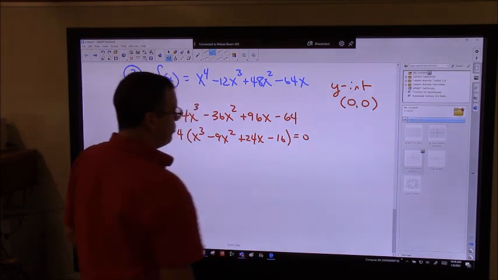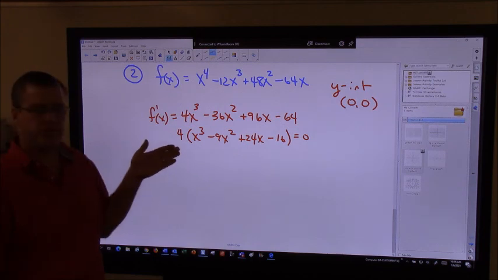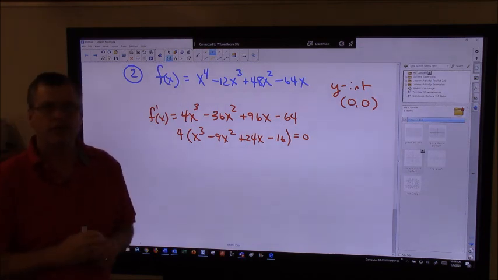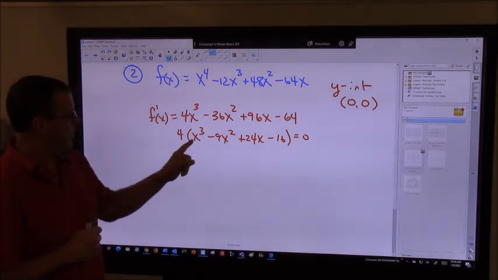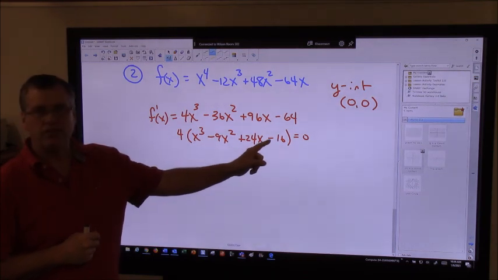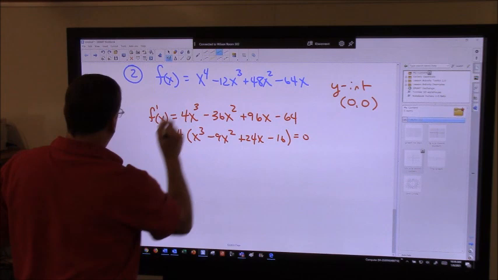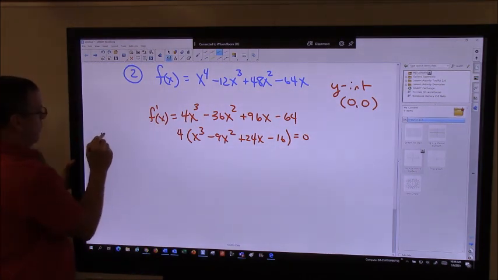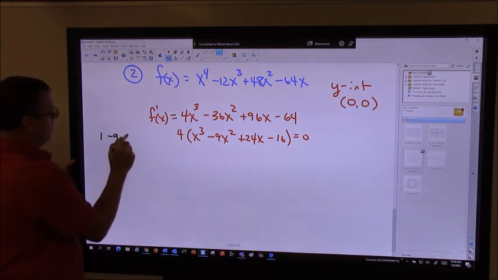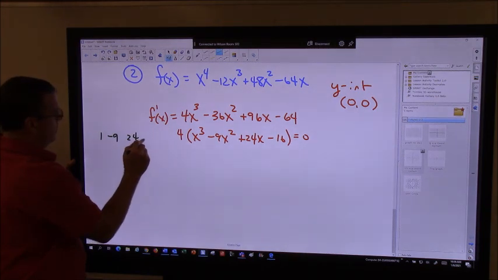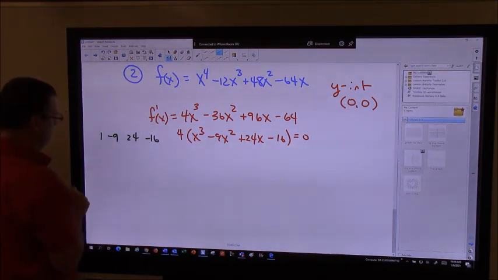So I'm trying to find my critical numbers, so I need to set this equal to 0 and solve. And so we're going to have to take advantage of synthetic division here. Let's do my synthetic division off to the side. I've got 1, negative 9, 24, and negative 16.